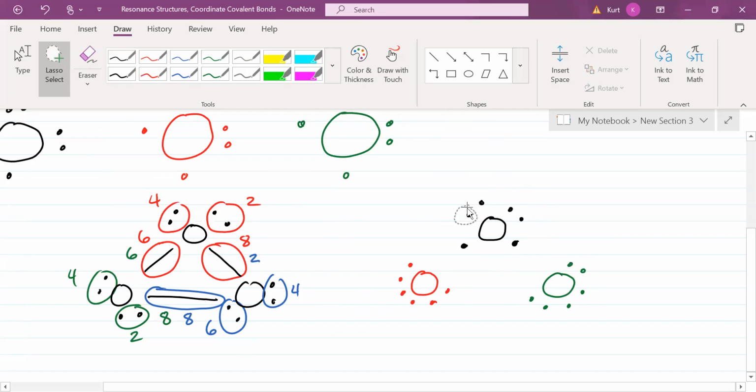This electron over here is going to move over here, and it's going to form a bond.